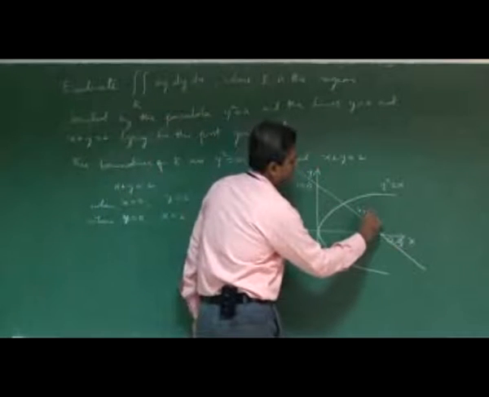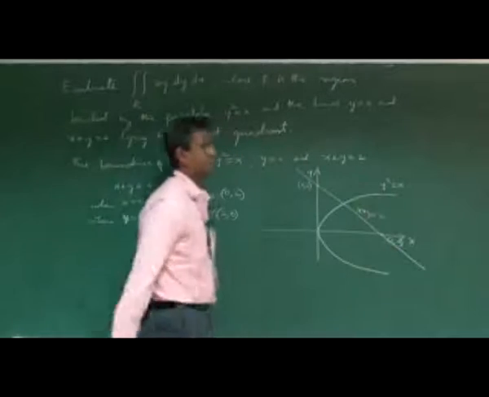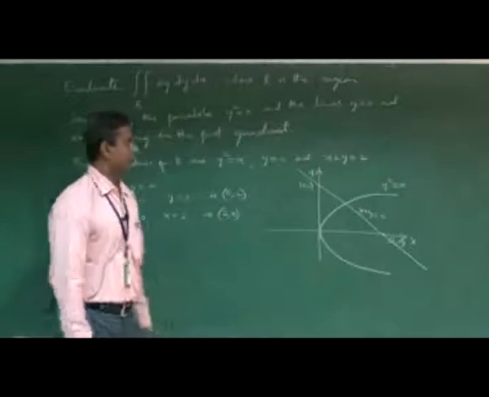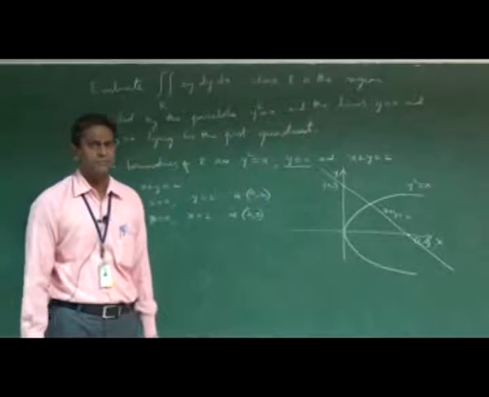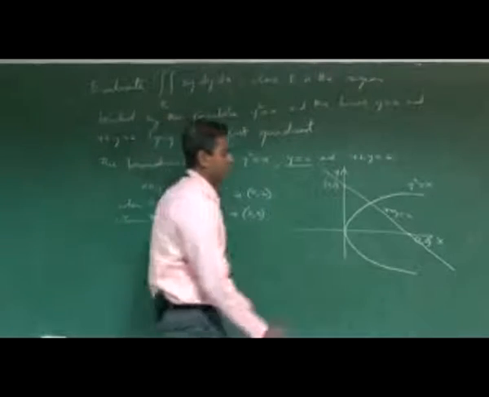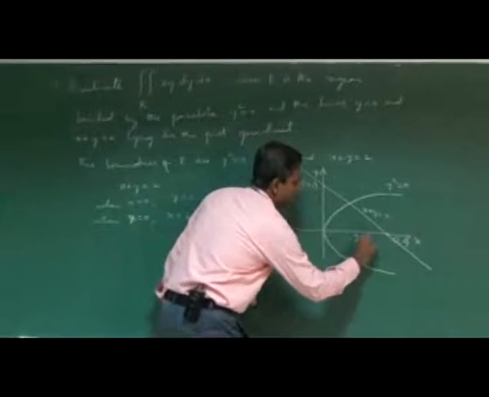This line is x plus y equal to 2, and y equal to 0. Where is y equal to 0? So y equal to 0 lies on the x axis.